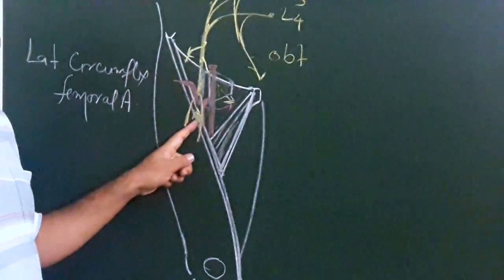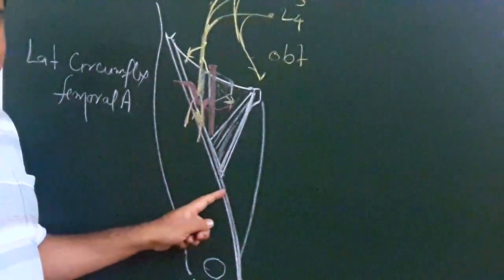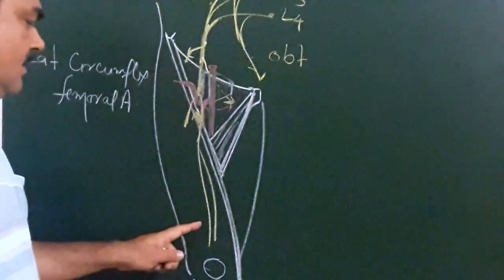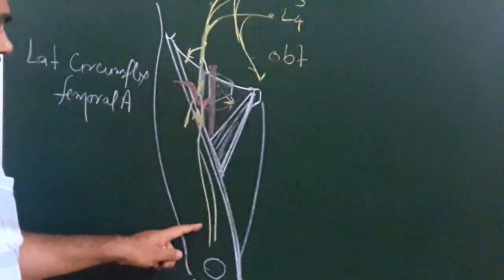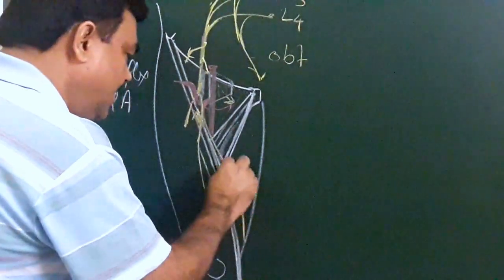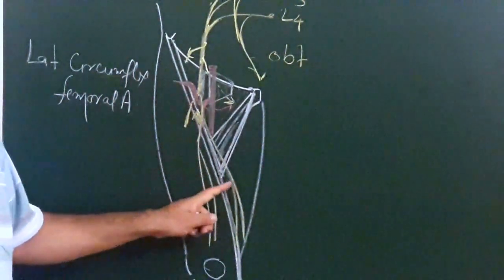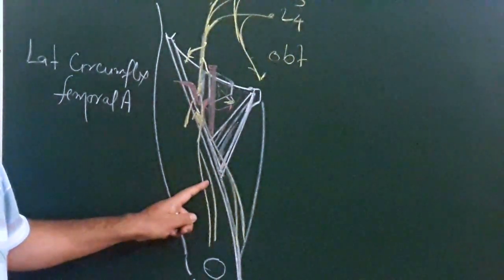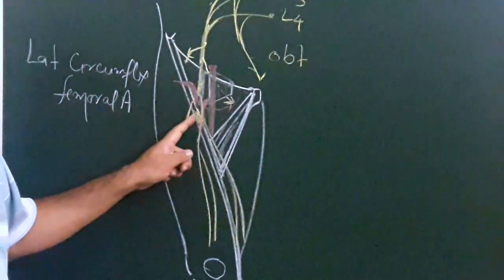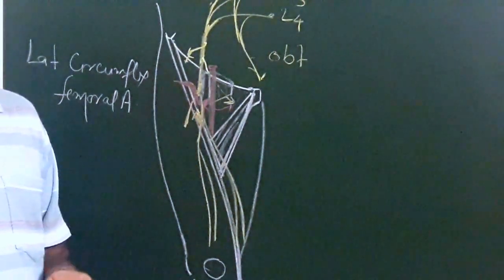So it gives one muscular branch, the nerve to sartorius. It also gives the intermediate cutaneous nerve of thigh and the medial cutaneous nerve of thigh. So it gives two cutaneous nerves.